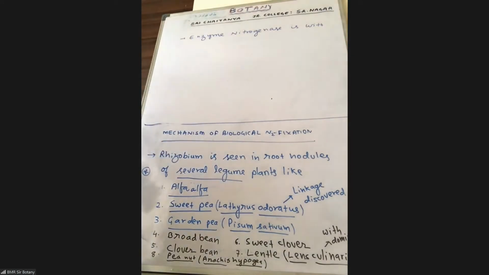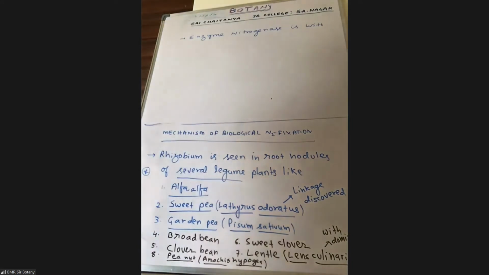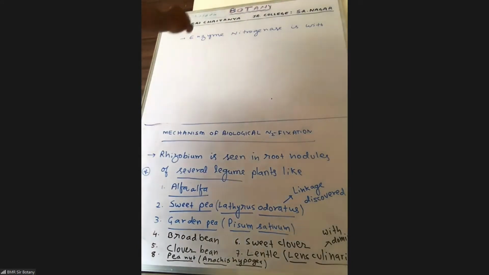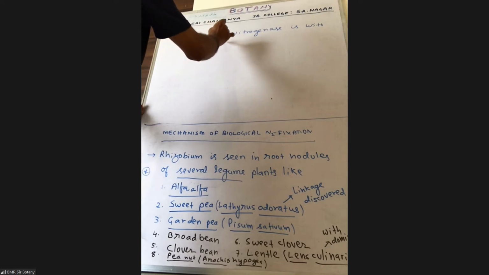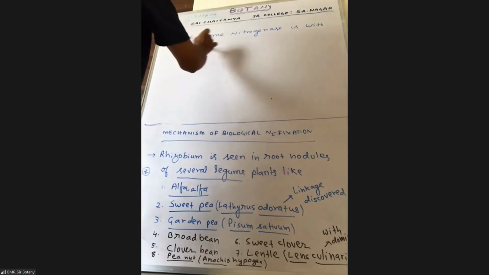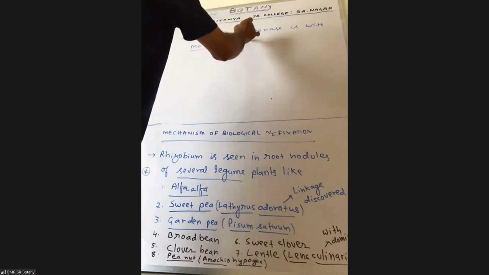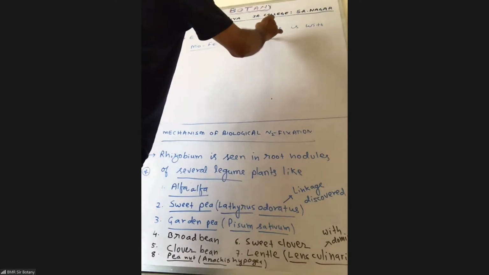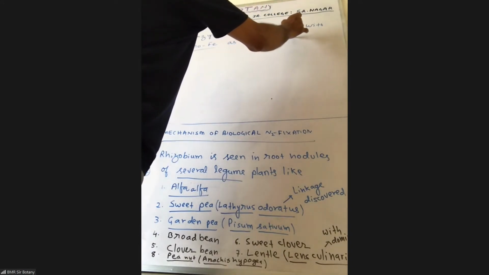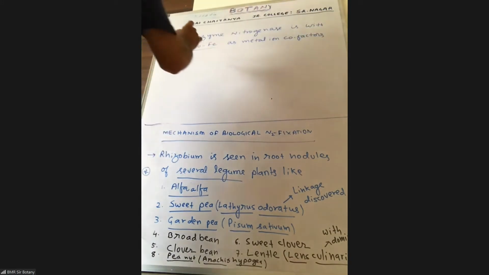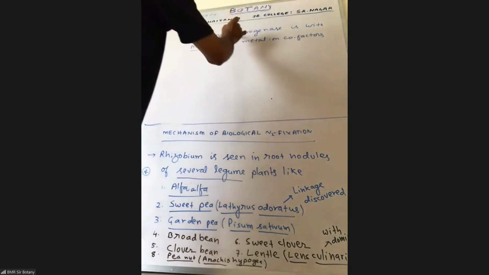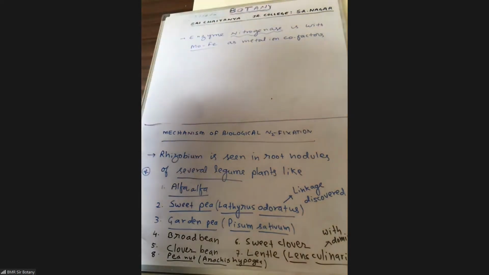We were saying under mineral nutrition when we were talking about molybdenum. So it is with molybdenum and iron as cofactors. So molybdenum iron containing is nitrogenase.